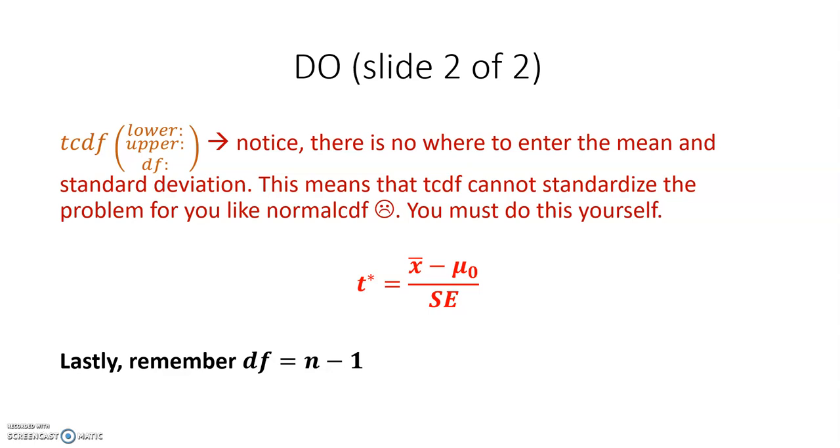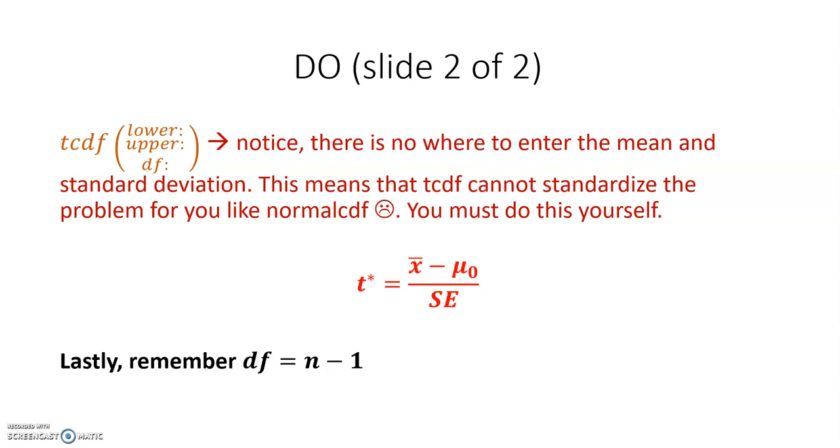And you'll notice you have a lower bound, an upper bound, and a degree of freedom. Nowhere is there a spot to enter the mean, or whatever our null is, and that standard deviation that we calculated. So why did I have you calculate that? Well, t-CDF is just not built as nicely as normal CDF is. The calculator can't standardize it for you like it was doing in the normal curve.